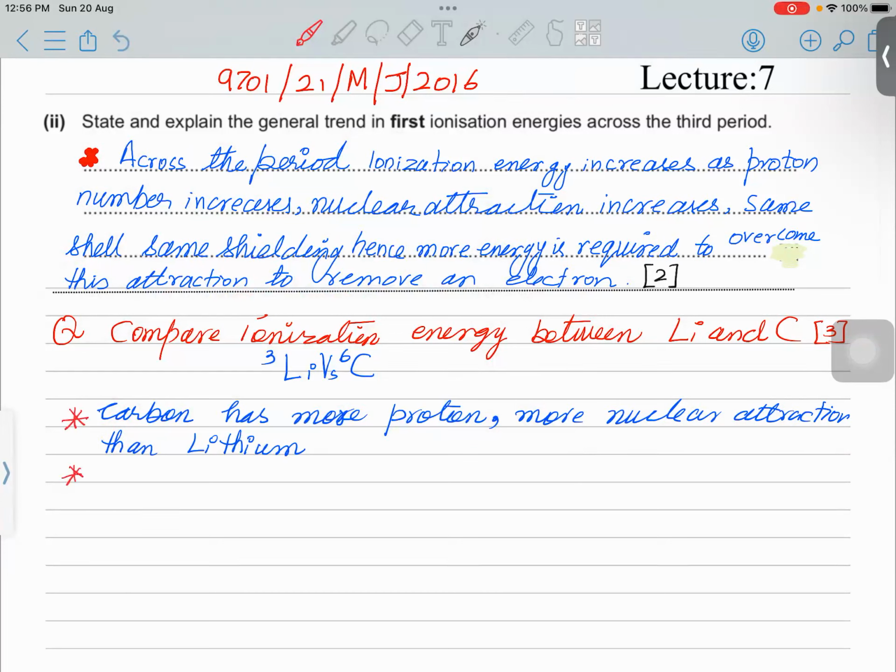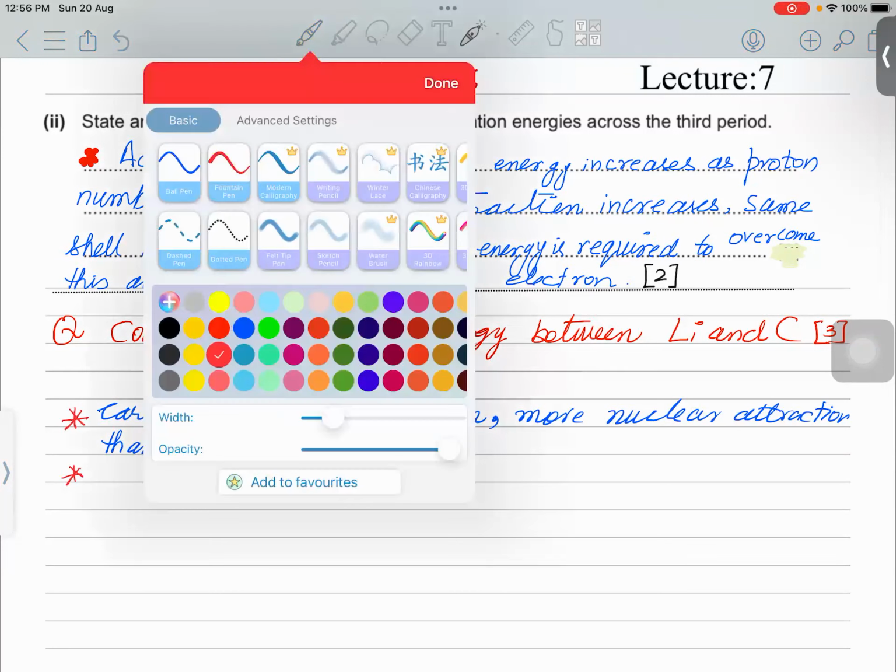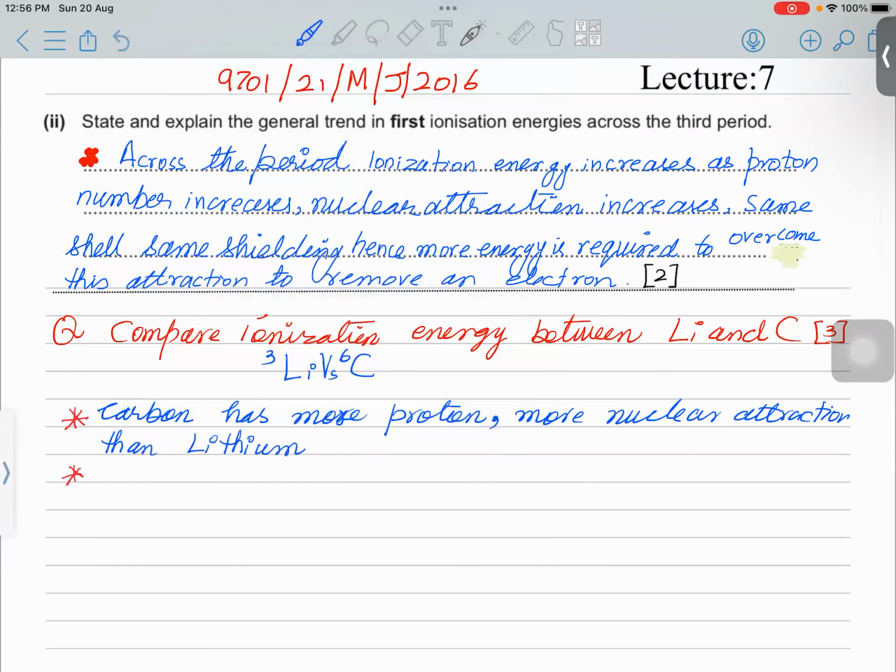Now, second point: either they have the same shell or a different shell. You know that their period number is the same, so shell remains the same and shielding remains the same.